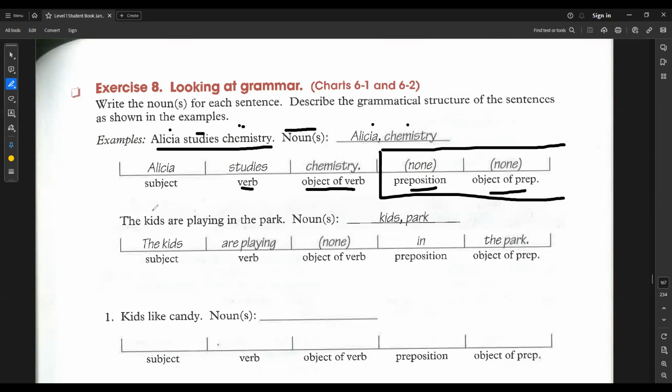Igual, identificar los nouns, kids and park. Serían noun phrases, the kids, the park. Pero te digo que esto es para principiantes. Okay, and then we have to put them in the correct position. The kids are the subject porque están a la izquierda del verbo are playing.